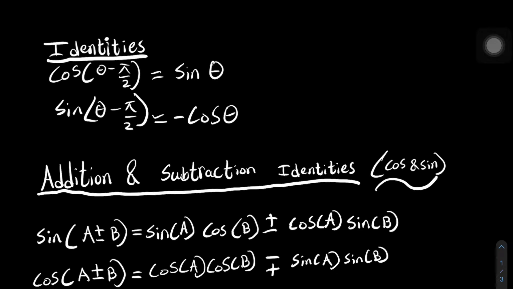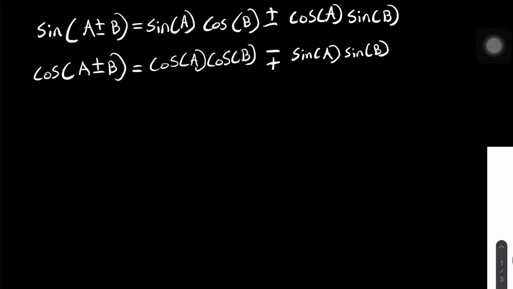When there's a minus in the parentheses, it is a difference formula. The only difference is that when it's a sum formula for cosine, there's going to be a negative in the equation, whereas when there is a difference formula for cosine, there's going to be a plus sign in the equation. Now let's go ahead and look at some example or practice problems.